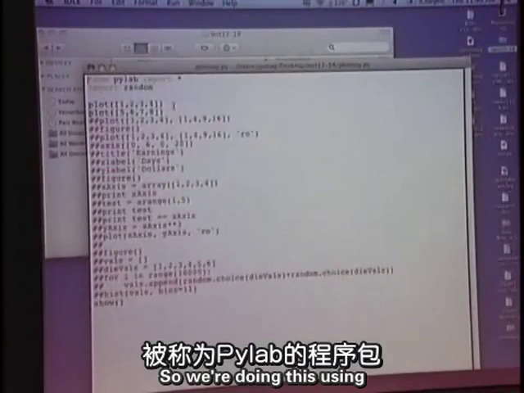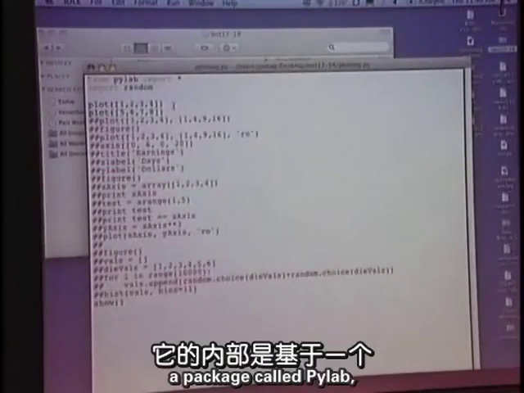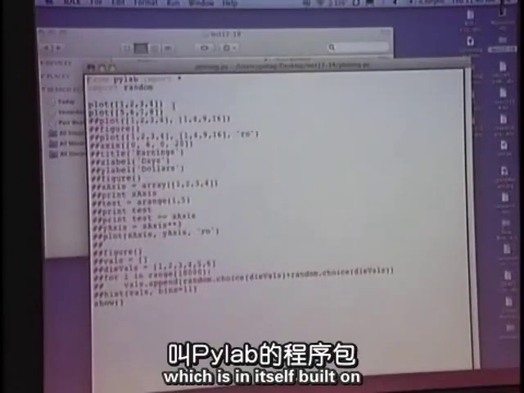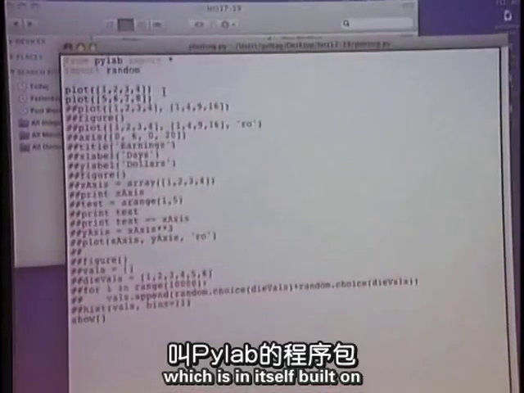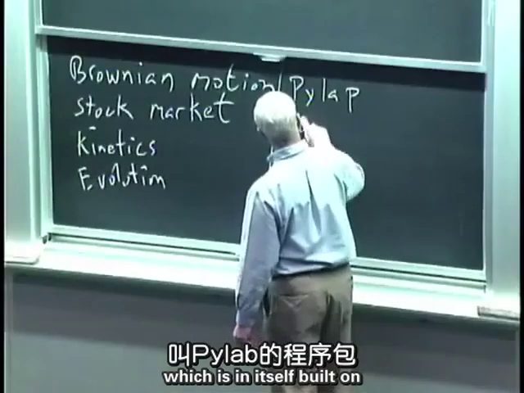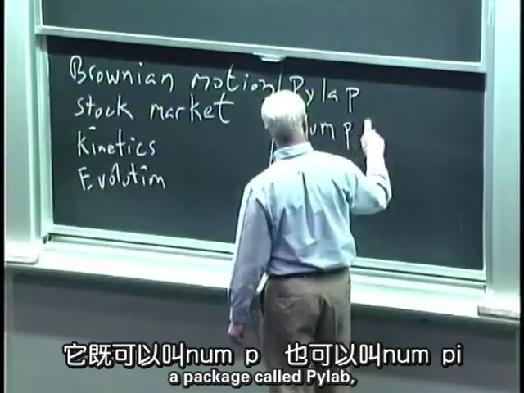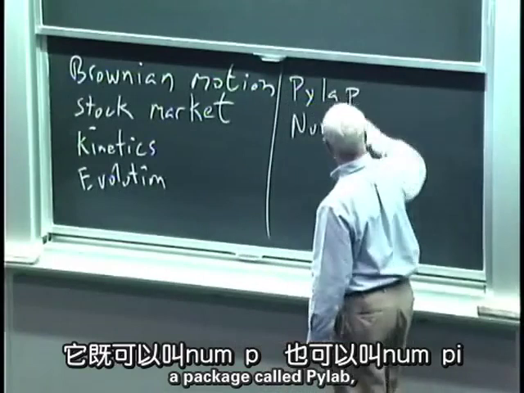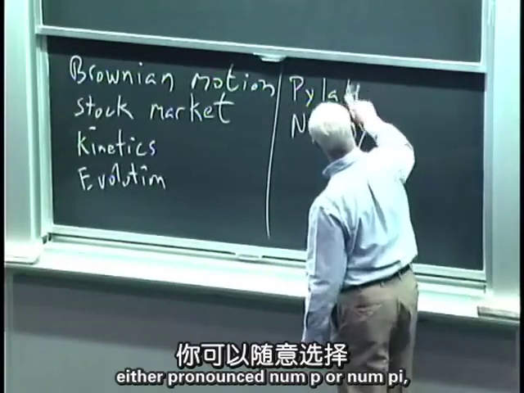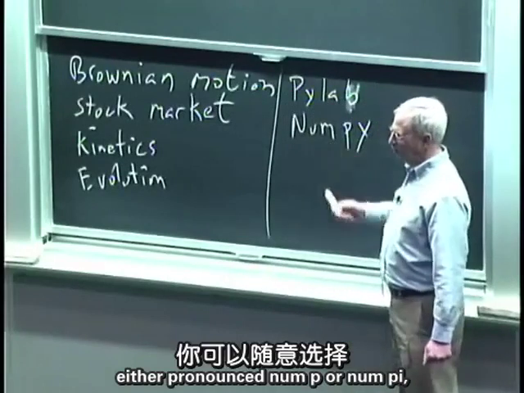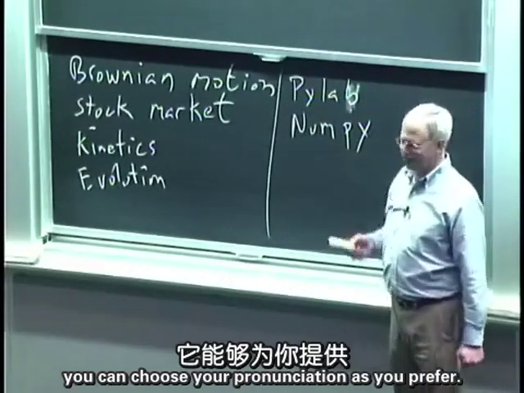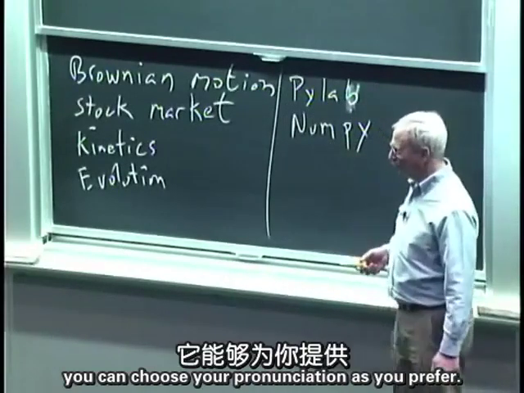So we're doing this using a package called Pylab, which is in itself built on a package called NumPy, either pronounced NumPy or NumPy. You can choose your pronunciation as you prefer.